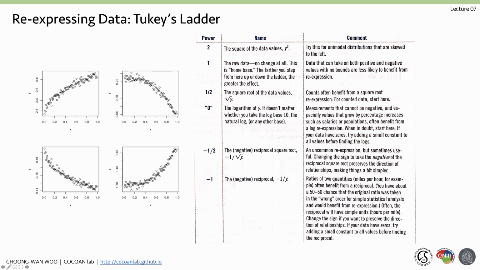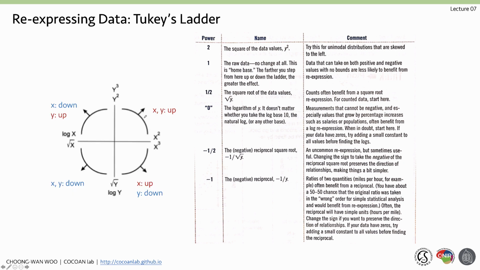If your data look like this, you can go up on the ladder, Tukey's ladder. This is the reference point, and going up means you can increase the power. If your data shows like this, you can go up. That means you can take y² or x², square, or x to the 3, y to the 3.